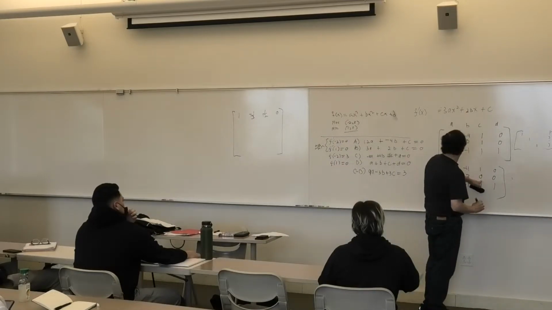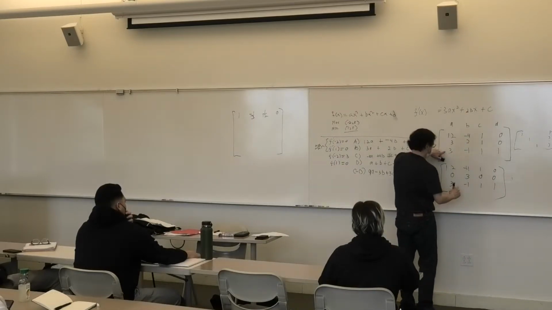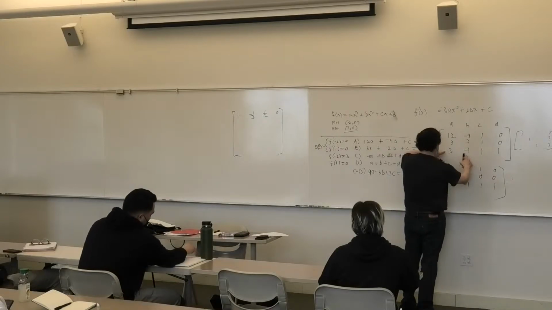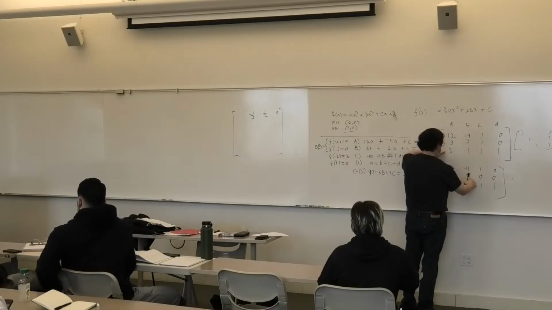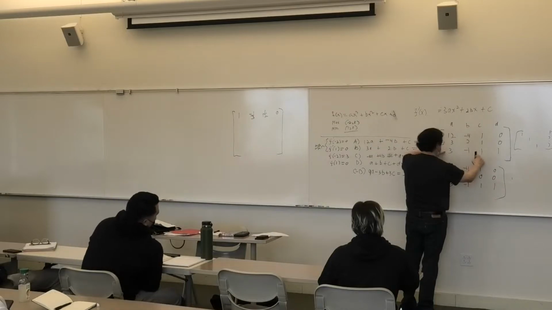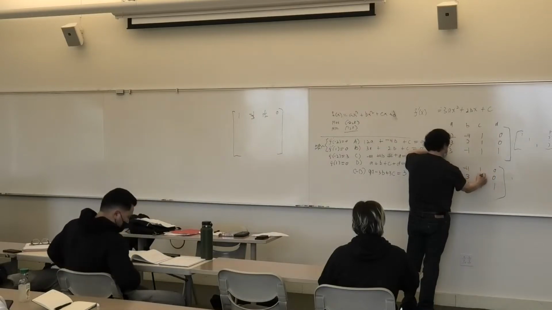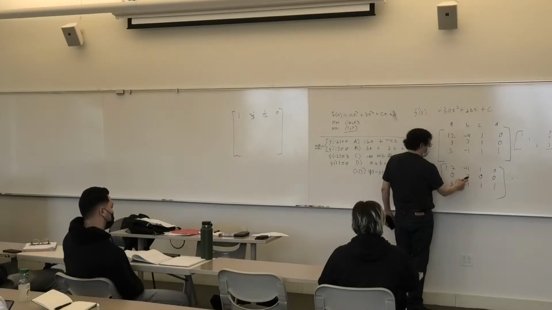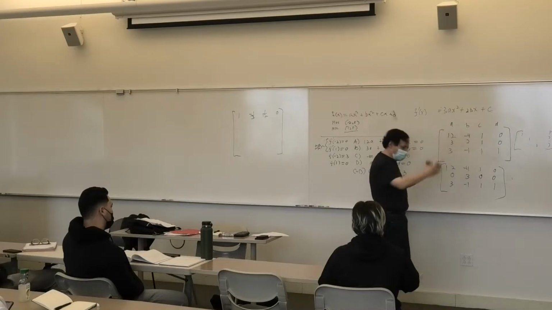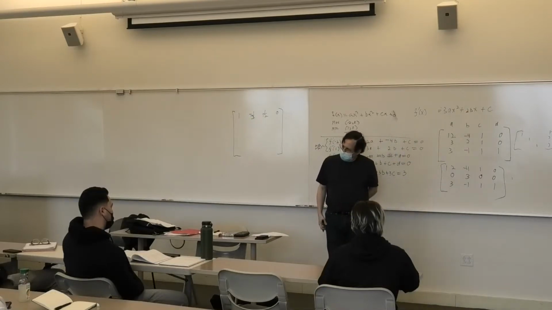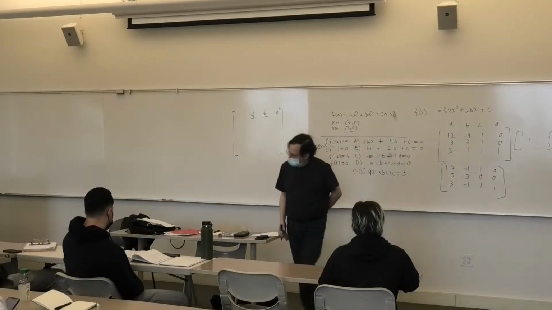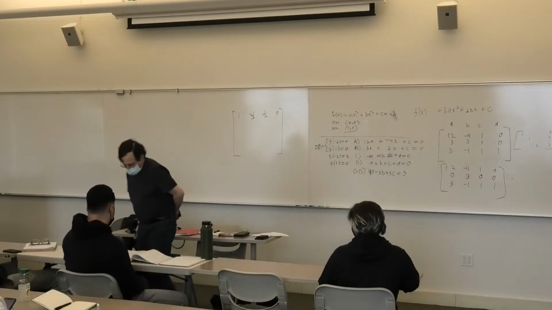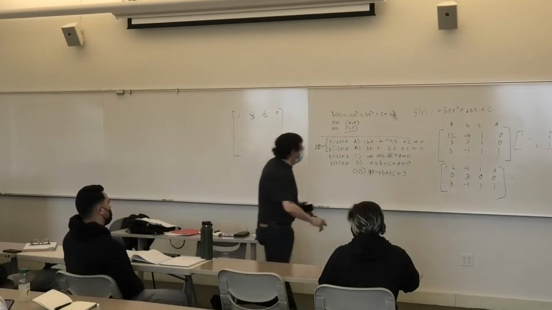What is this? Oh. I already know what B is here. Guess that happened. B is 0. Wait a minute. Is B 0? All right, so I've already made a mistake.